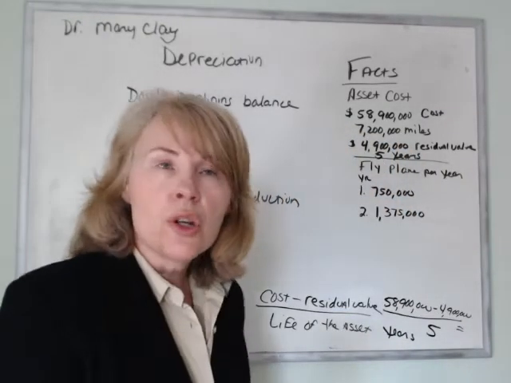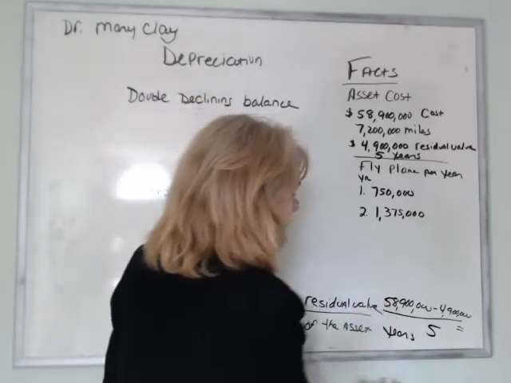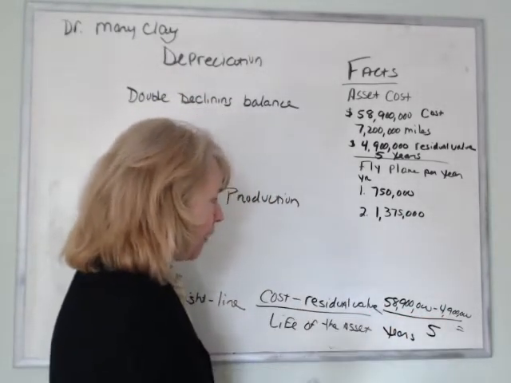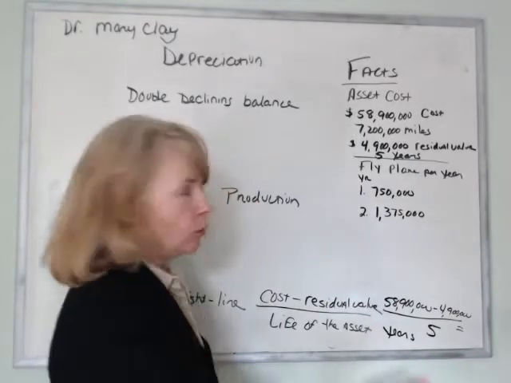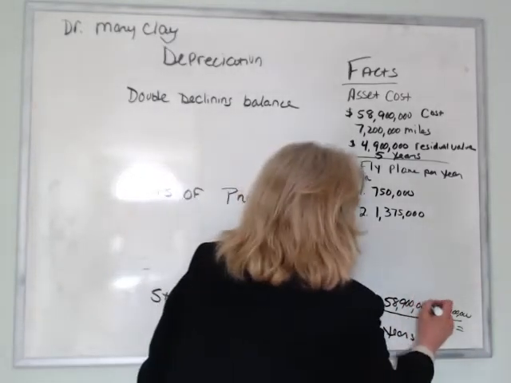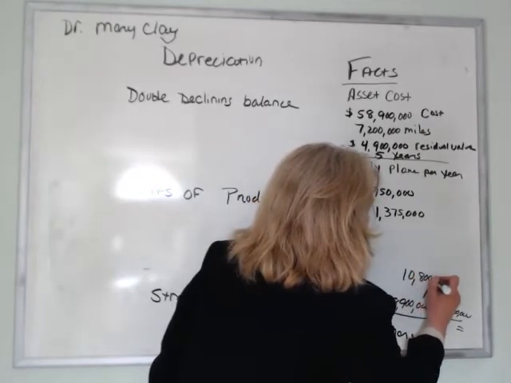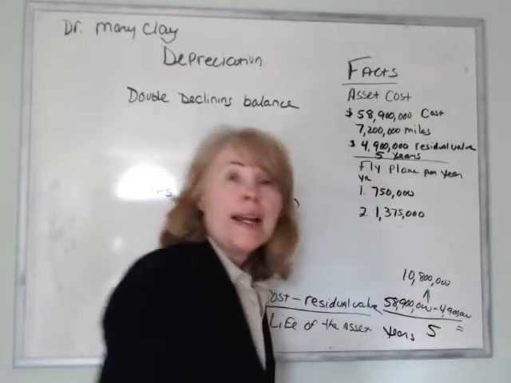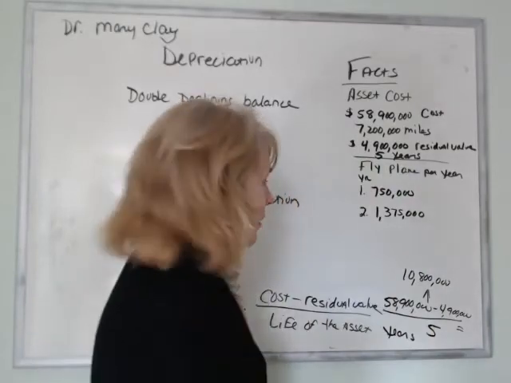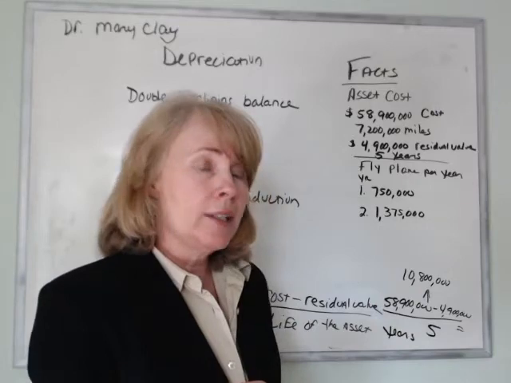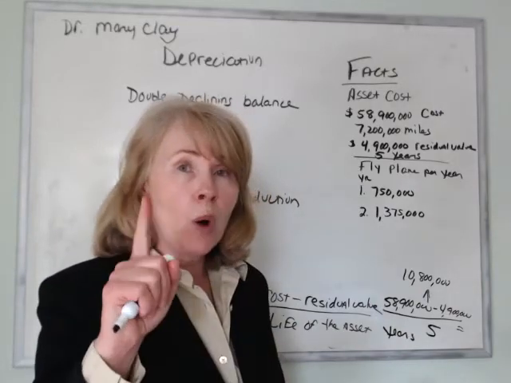So these are huge numbers. 58,900,000 minus 4,900,000 divided by 5 equals, I got to write it up here. I'm going to draw an arrow. $10,800,000. All right, understand what that number is? That is your depreciation expense for straight line depreciation for year 1.